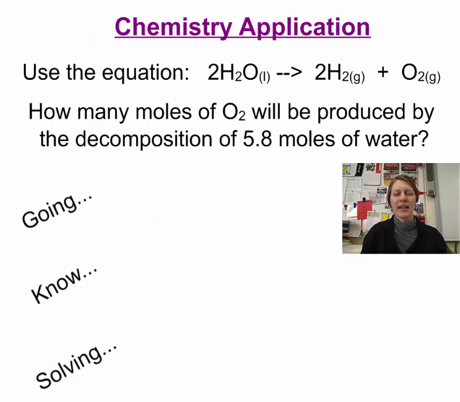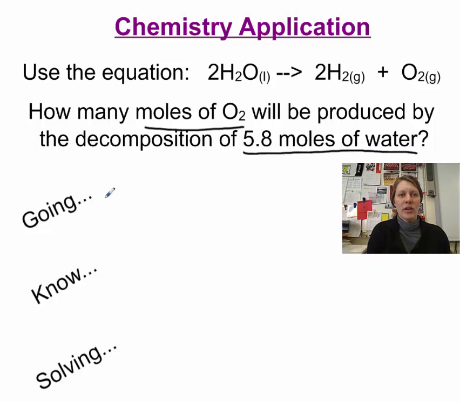So let's apply that mole ratio concept here so you can see how it's used. If we have this same example, the balanced equation of going from water to hydrogen and oxygen, it says how many moles of oxygen can be produced by the decomposition of 5.8 moles of water.